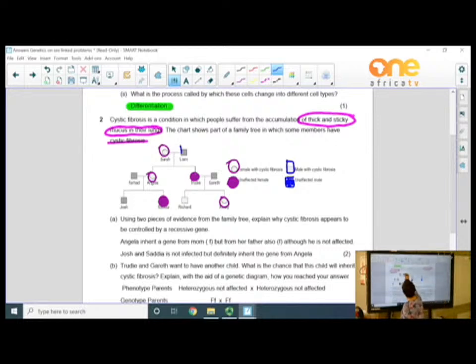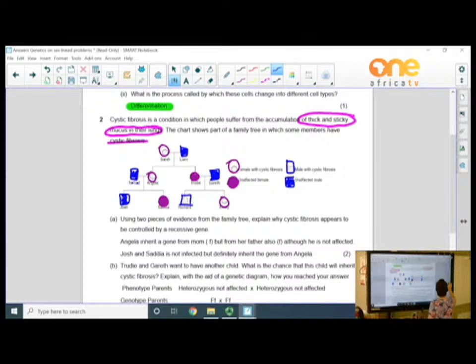So we see that Liam is unaffected, Farad is unaffected, Josh is unaffected. Right. Gareth also unaffected. But Richard is affected. Good.